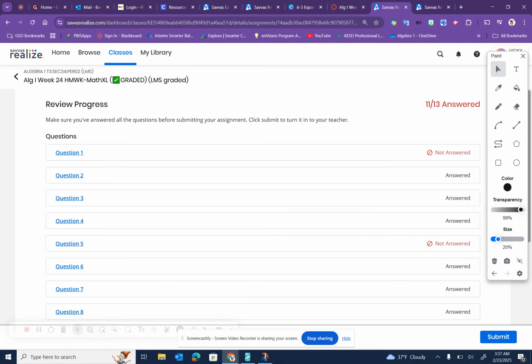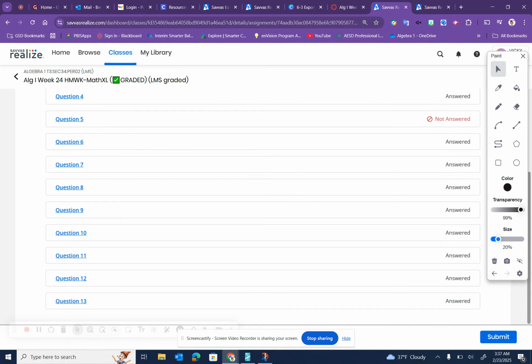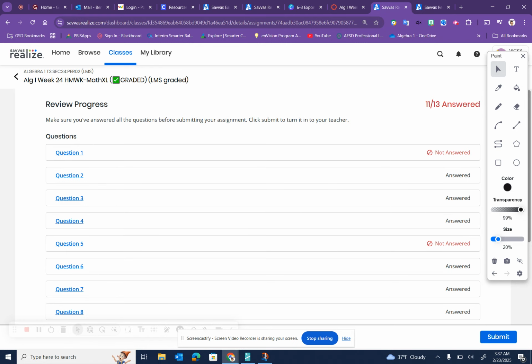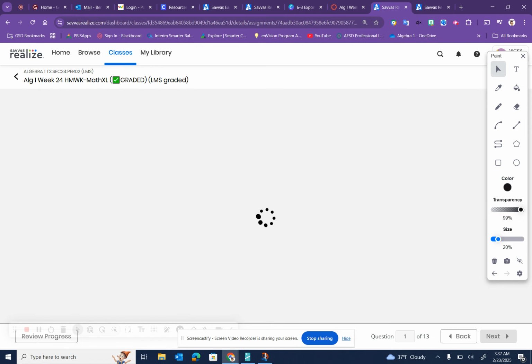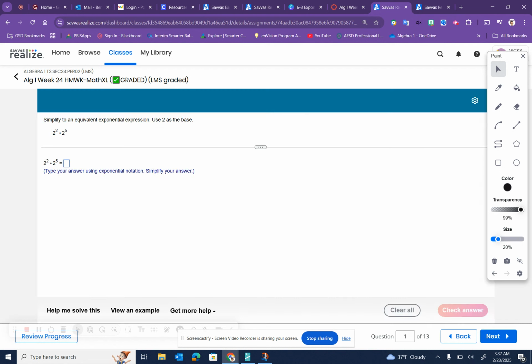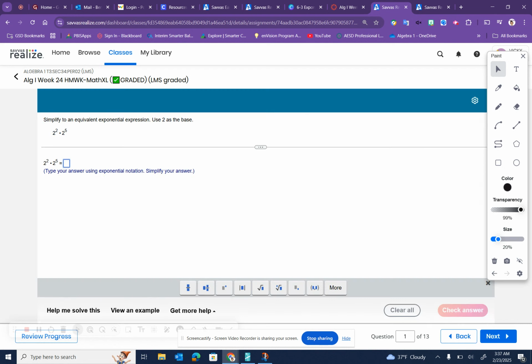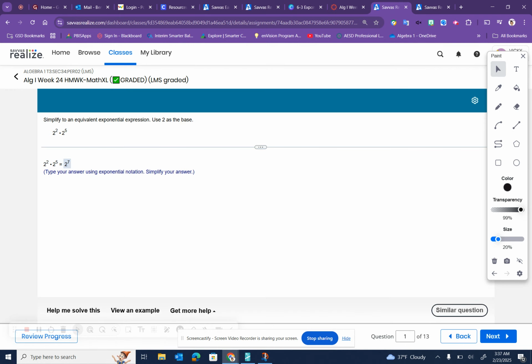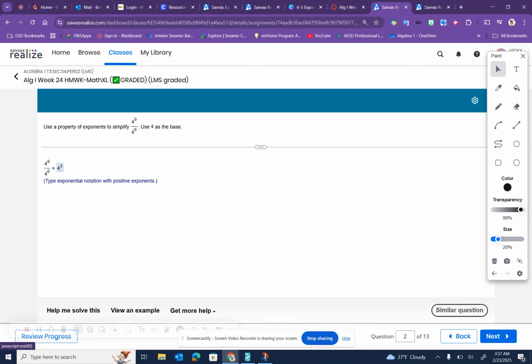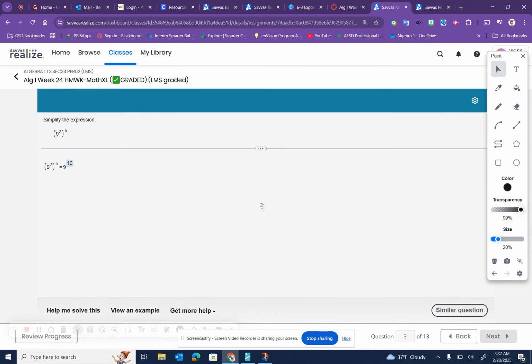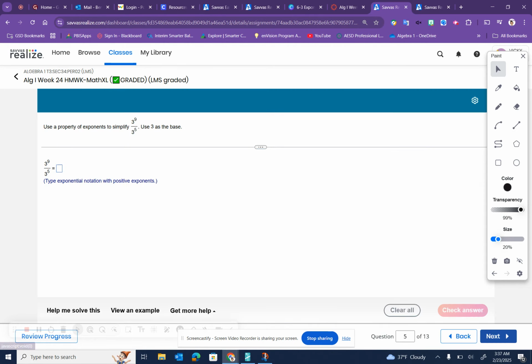And make sure that once you finish everything, you do hit submit at the end. Notice that it'll tell you if you skipped a problem or if you didn't answer it. Since I hit similar problem, it's asking me to go back and do it again. So if you do hit similar problem, make sure that you go back and answer that problem. Let me see which one else went unanswered.